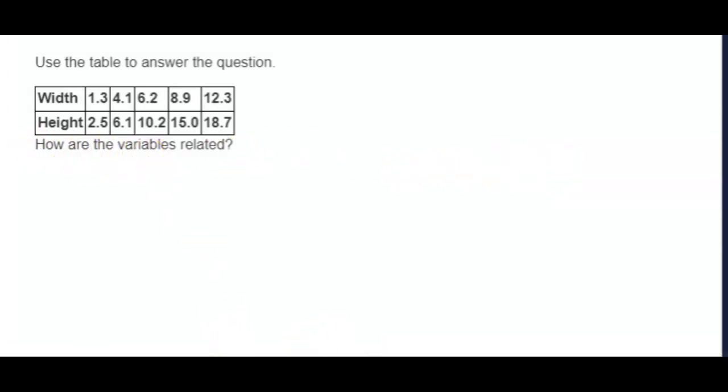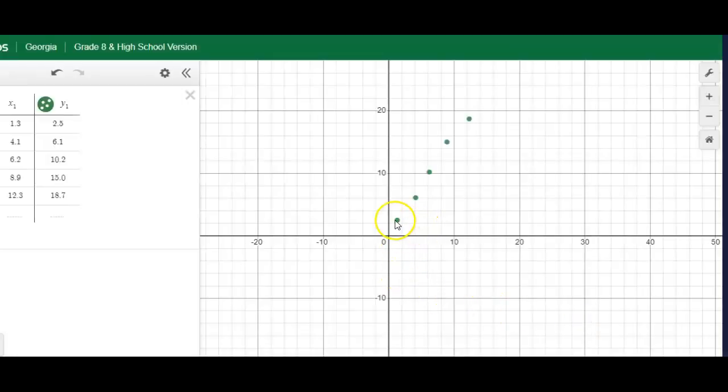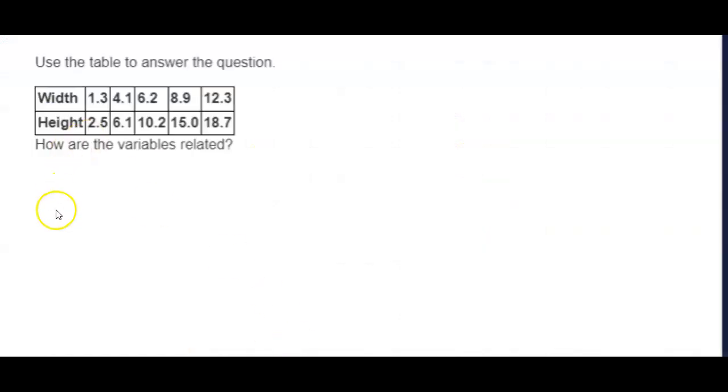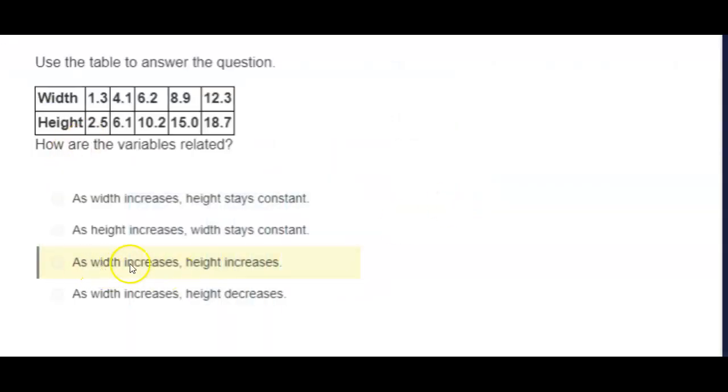So let's go back and look at our graph that we have in Desmos. Remember, the X values were the width and the Y values were the height. So as we move along the X axis and the X values get bigger, the Y values are going uphill. So as X increases, Y also increases. And I think that's what, yep, as width increases, the height increases.